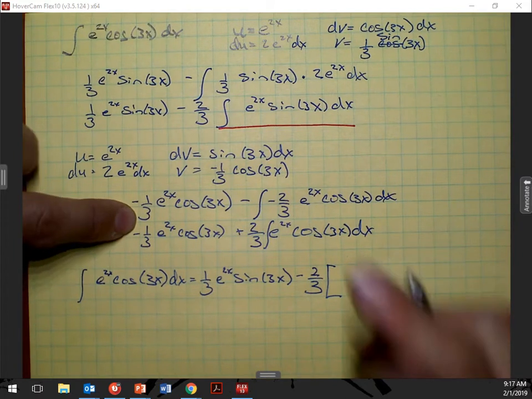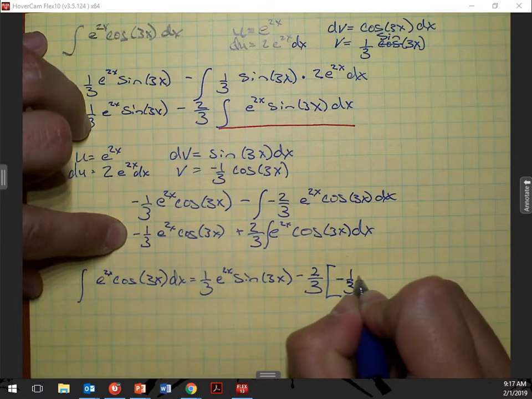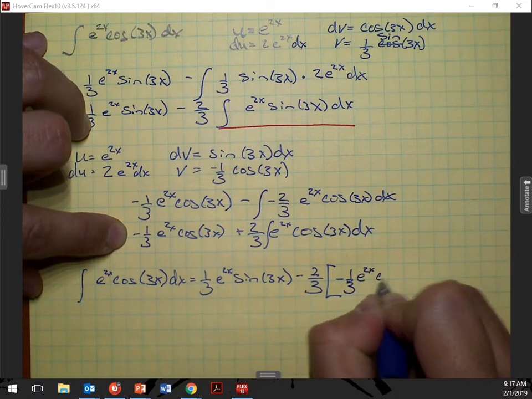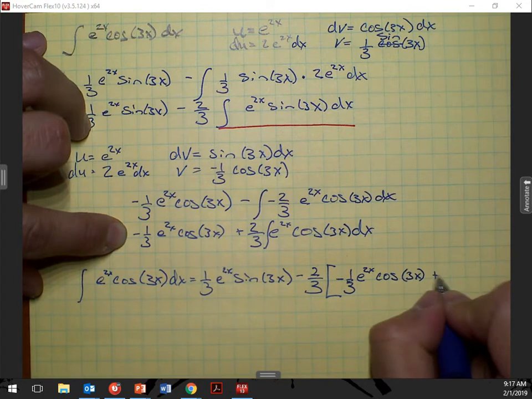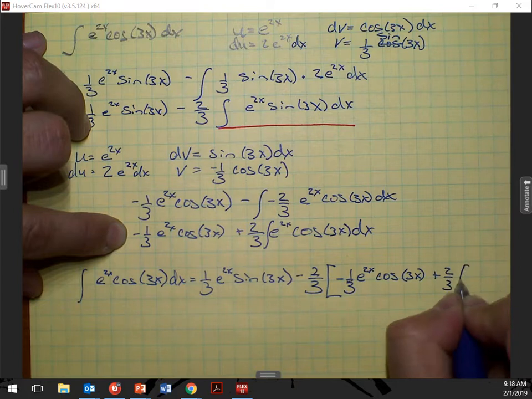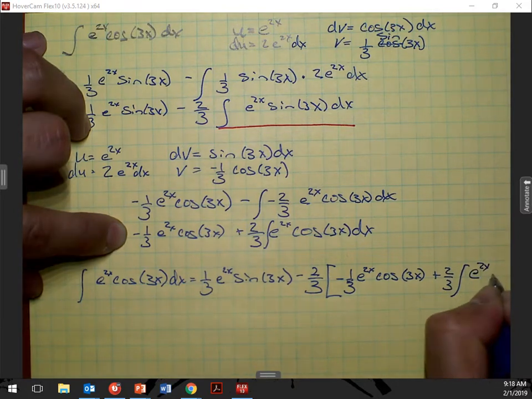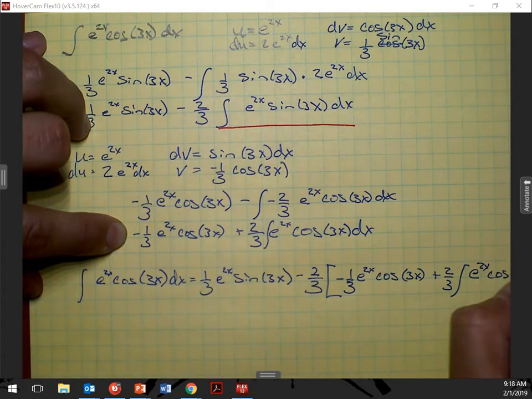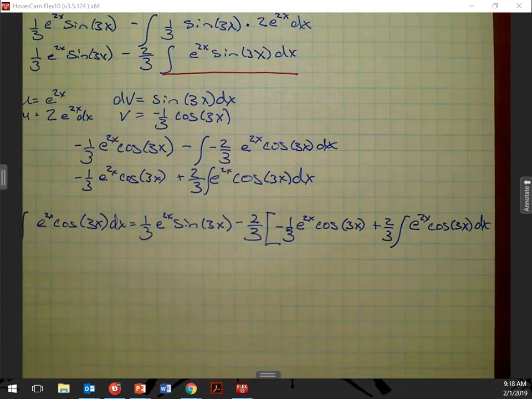Okay, so from here I'm going to bring this down, so it's negative 1/3 e to the 2x cosine of 3x and plus 2/3 of my integral of e to the 2x cosine of 3x dx. Am I off? Okay, there we go. Oh, beautiful.